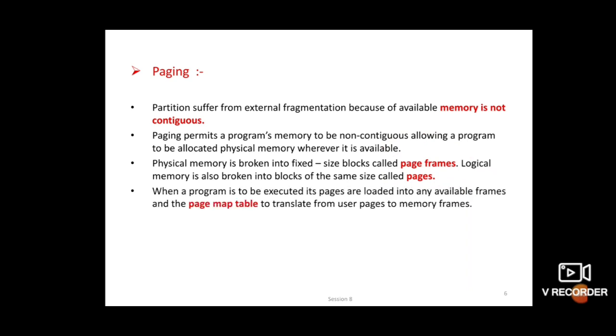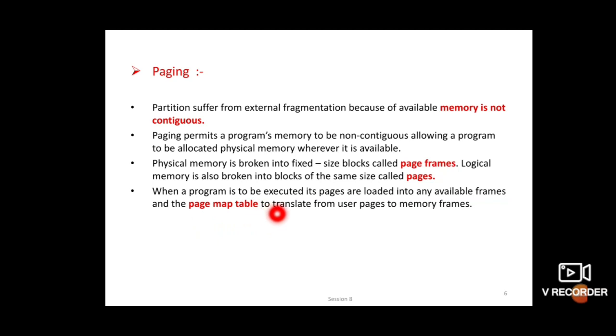Okay student. Now when a program is to be executed, its pages are loaded into any available frames and the page map table is used. We have seen this topic. What is the function of the page map table? It indicates where the page is loaded in main memory, meaning physical memory.